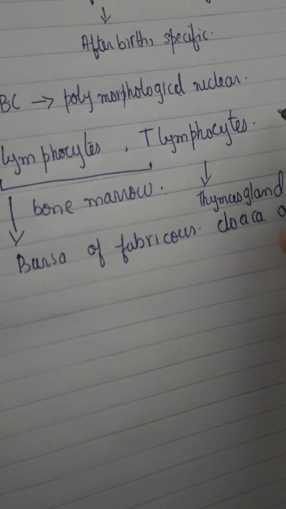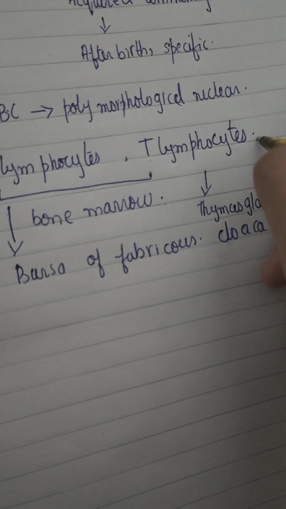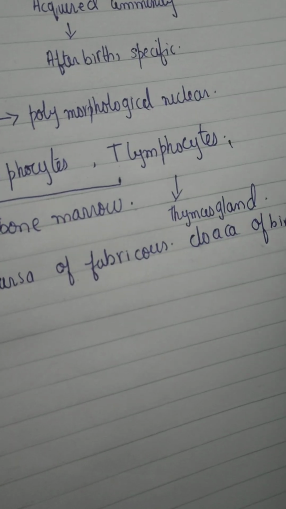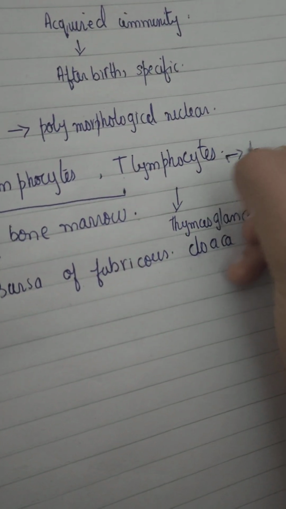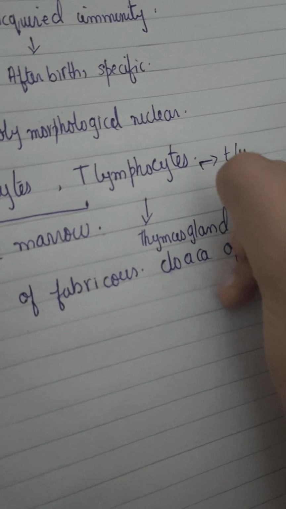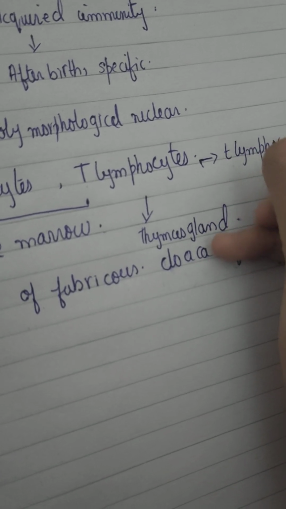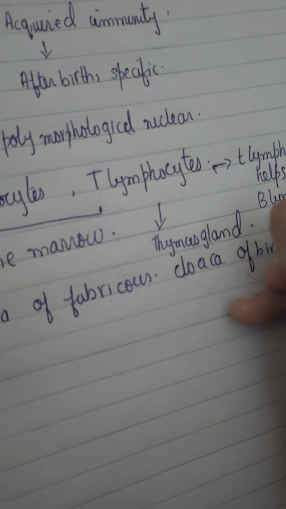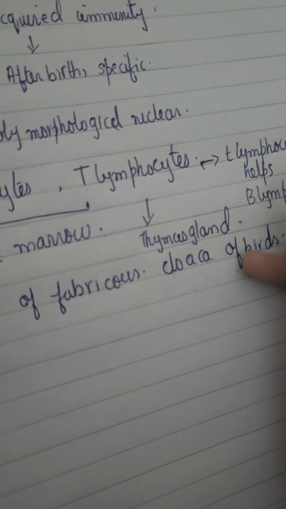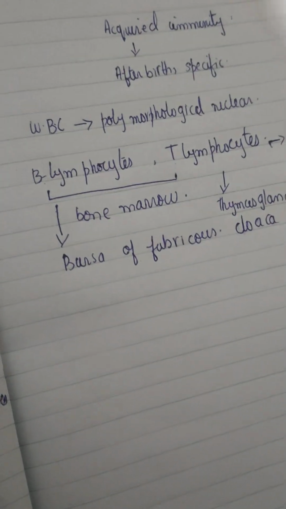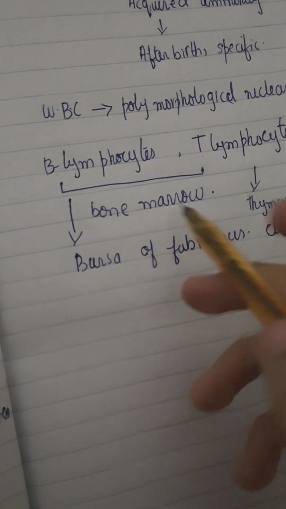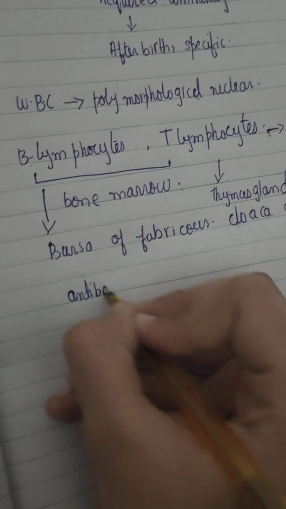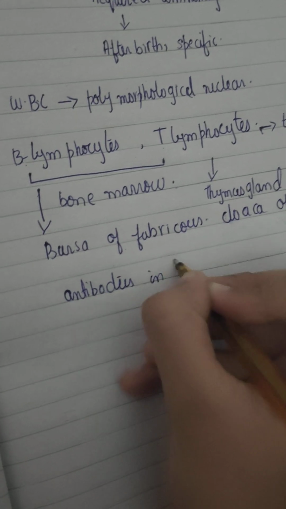And there is another type of T lymphocyte, the helper T lymphocyte, that will help B lymphocytes. Both of them create antibodies, and the antibodies are found in plasma.